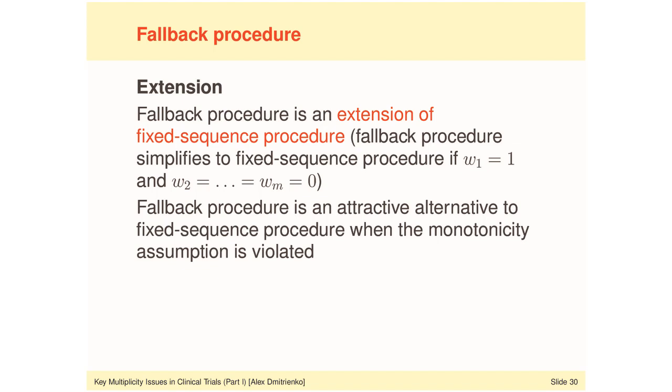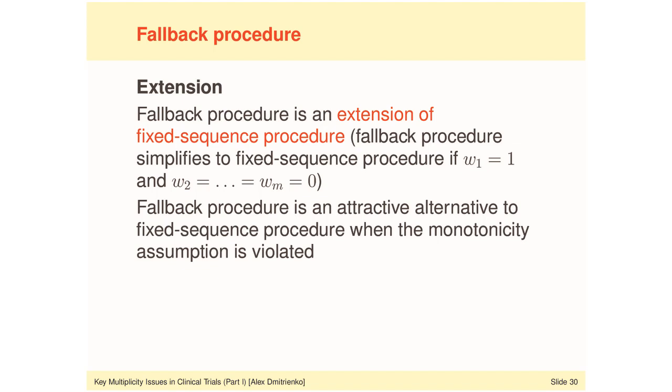As you can see on the slide, it corresponds to the case when all of the weight is assigned to the very first hypothesis in the sequence, W1 is equal to 1, and the remaining weights are all set to 0.